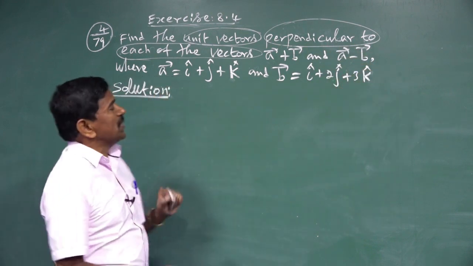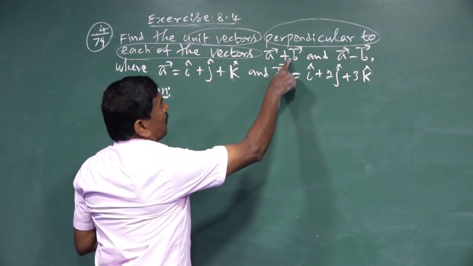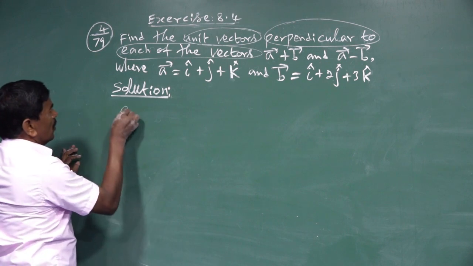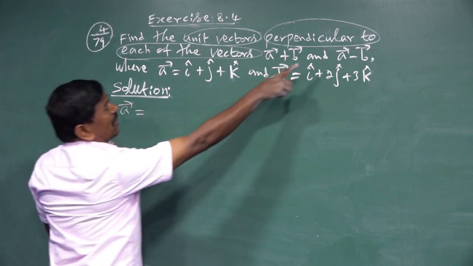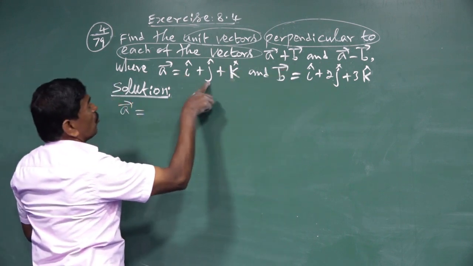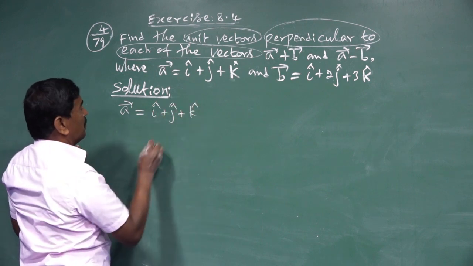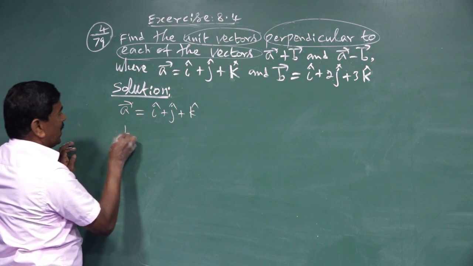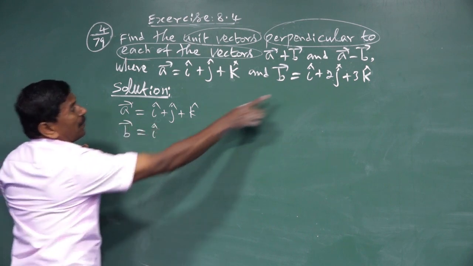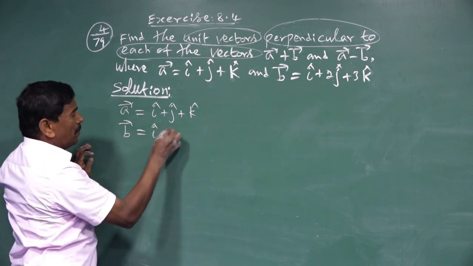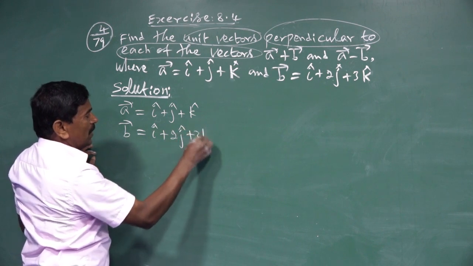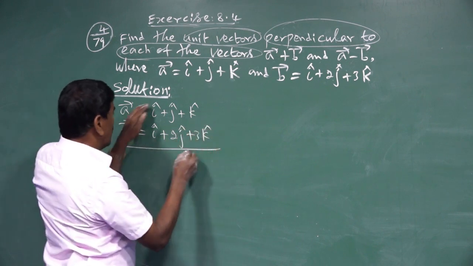Okay, now listen. Step 1, I want to find A vector plus B vector. Now, A vector is equal to, can you tell me what is A vector? Yes, A vector equal to 1, 1, 1, that is I cap plus j cap plus k cap. Next, B vector is equal to I cap plus 2j cap plus 3k cap. That is addition.